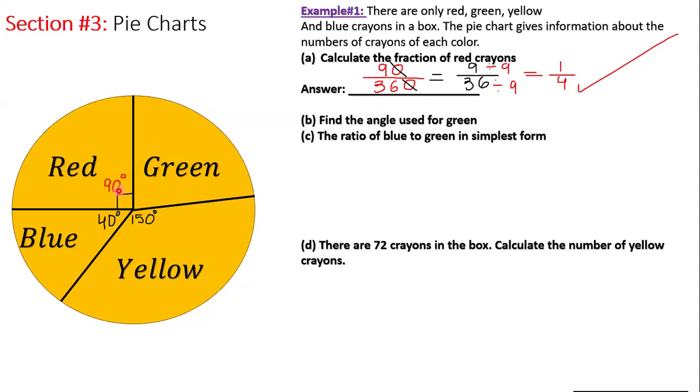And so what that means is red accounts for how many degrees? 90 degrees. But it's out of a total of what? 360.